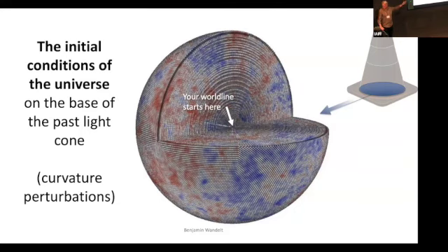Oh, it's working. Your world line starts in the middle. Okay, and so when you're looking out into the universe, you're basically seeing some processed version of these initial conditions there. And so, for example, when we made a map of the cosmic microwave background, that's the most direct probe of these curvature perturbations in the early universe. And so when people say that we look back to the Big Bang, that's what people mean.